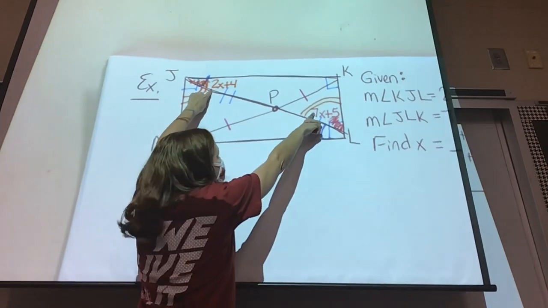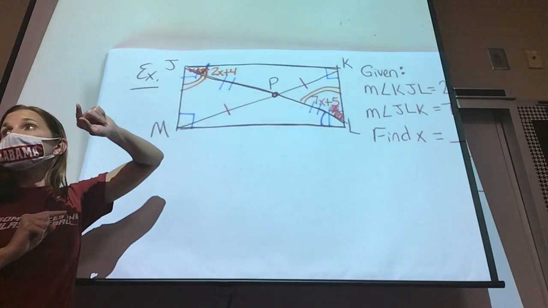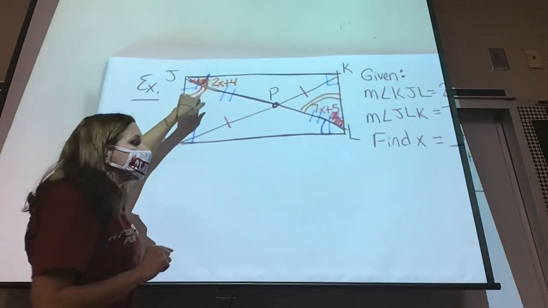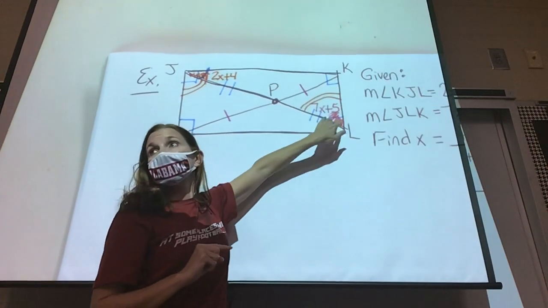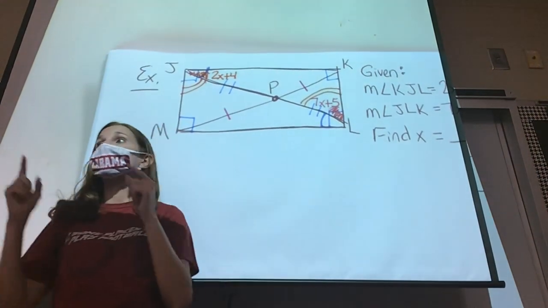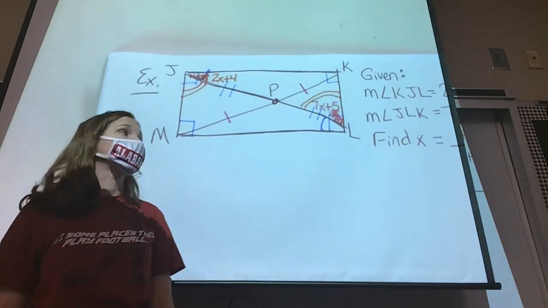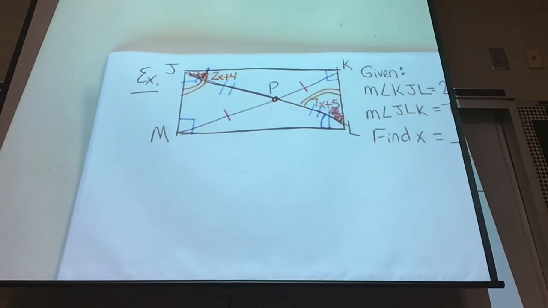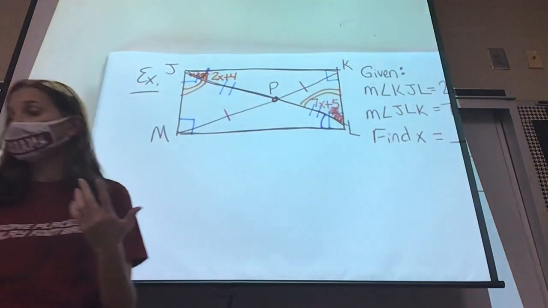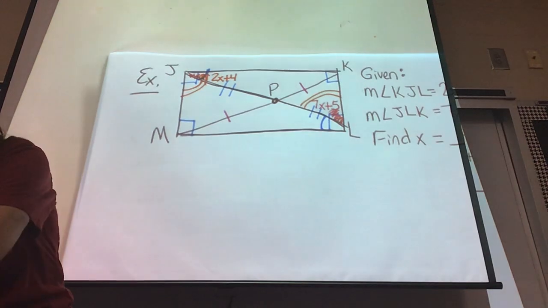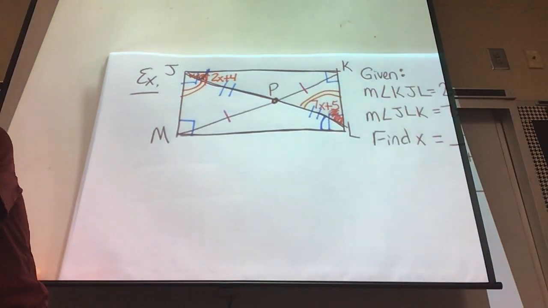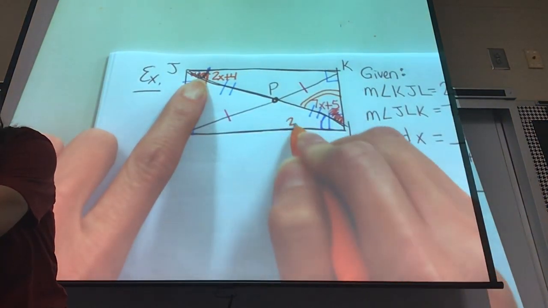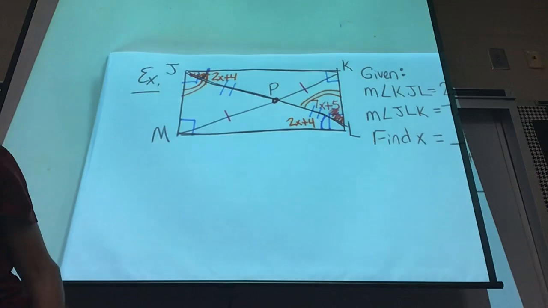So technically these two then would be what? Complementary. They would both be right here, and they would both add to be 90 degrees. That's what you've got to remember. So I could write that right here. Since these two were the same, I could put another 2x plus 4 right here.